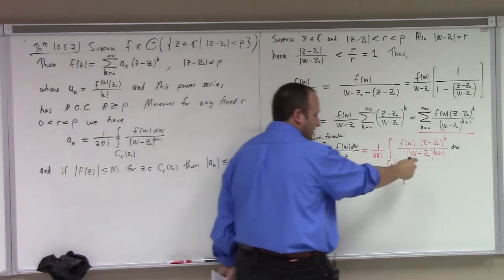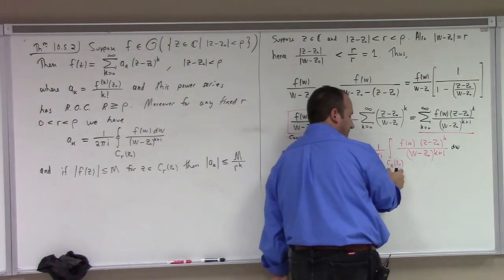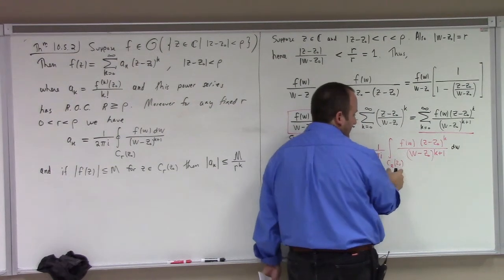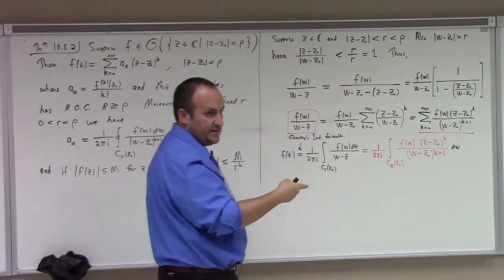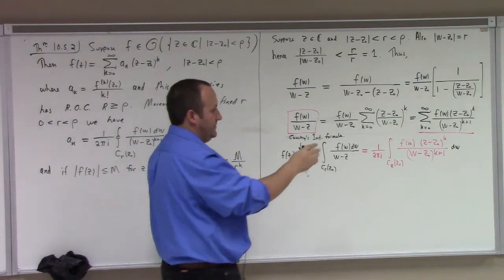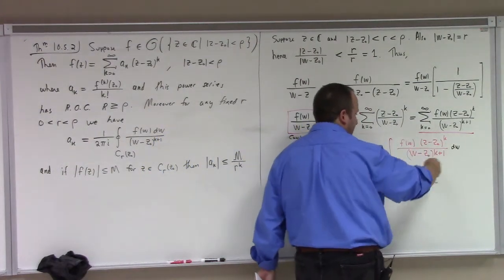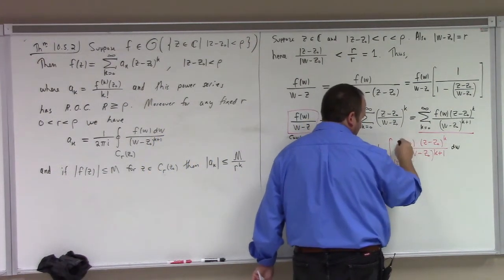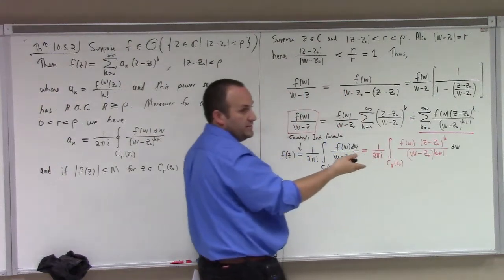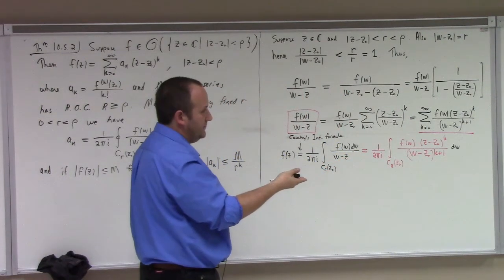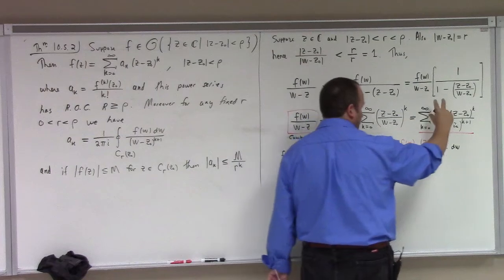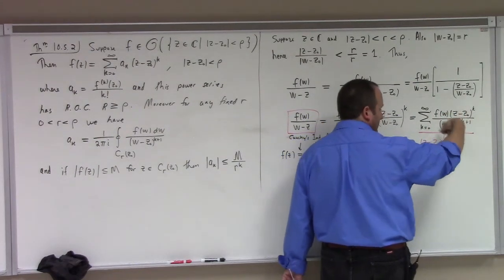I mean, there's no actual division by 0 here, right? We're on the circle of radius r. w is a point on that circle, right? Centered at z naught. So the expression in red right here, these functions are holomorphic, right? And we also know that they're uniformly convergent.